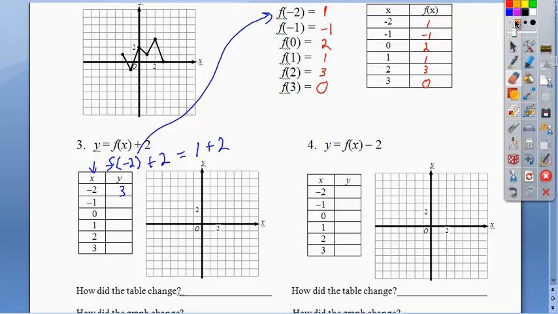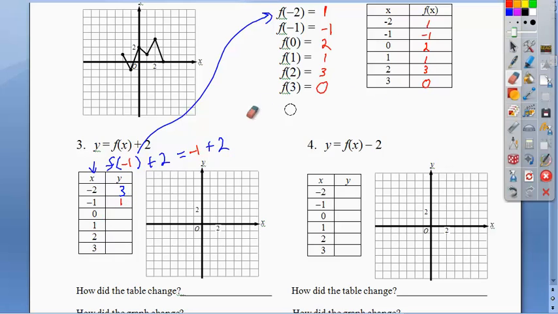And so again, I'll go through here and keep the plus 2 the same. That way, let me change colors too, just so everybody can see. Negative 1 is right here for the next one, and f of negative 1 was also negative 1. And so 2 minus 1 gives me 1.